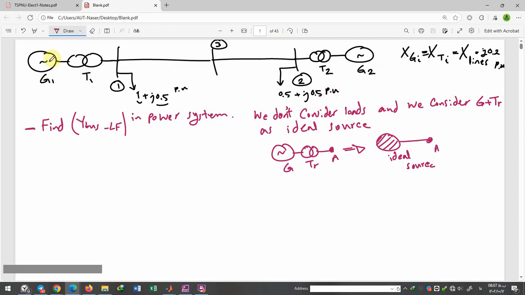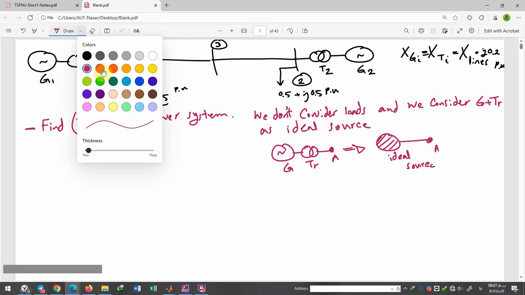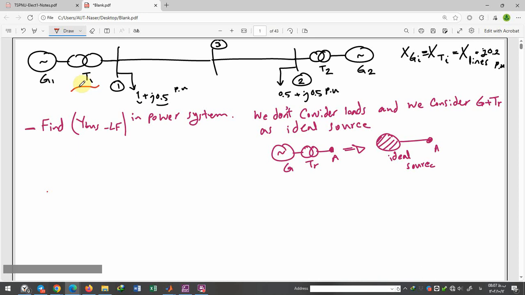So we model this power system for finding the Y-bus used in load flow. How can we model it? We model the generator and transformer as an ideal source, connected to bus number 1. We don't consider loads in the Y-bus in load flow, and the reactance connected between bus 1 and bus 3 is j0.2 per unit.